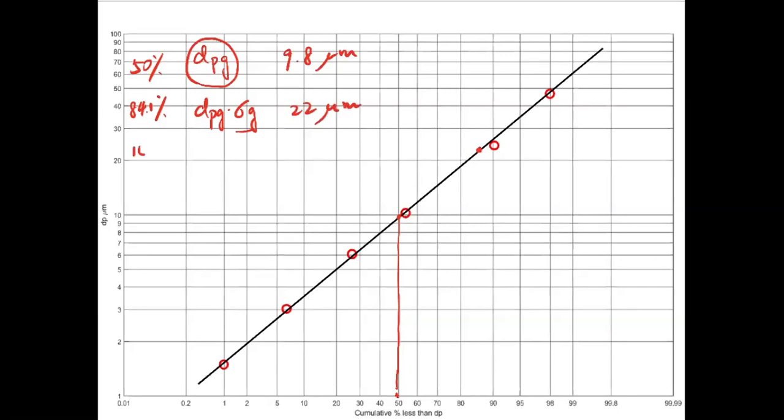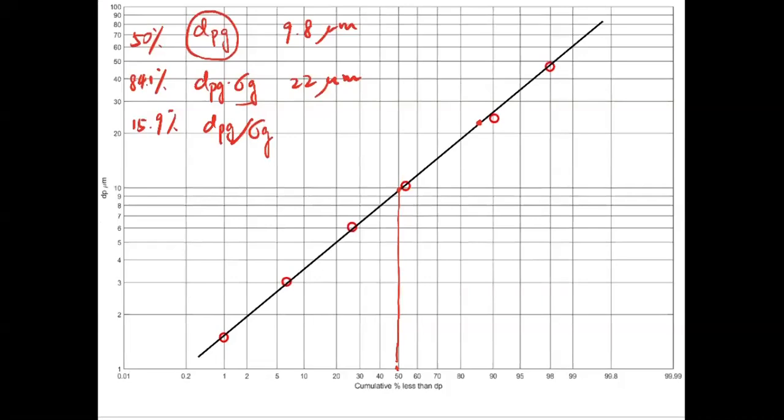We also mentioned that 15.9% will be DPG divided by sigma g, okay? So around 15.9%, we have DPG divided by sigma g having a value of approximately 4.5 microns.